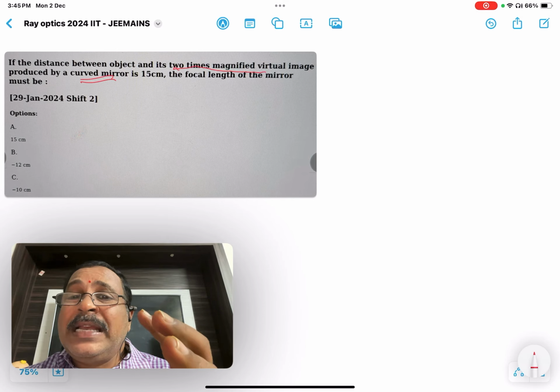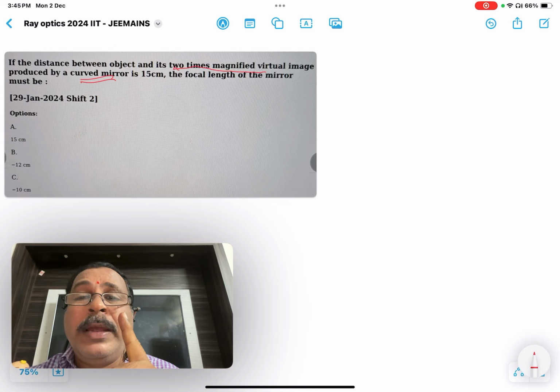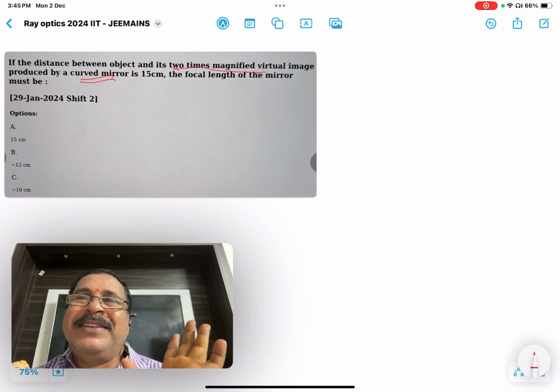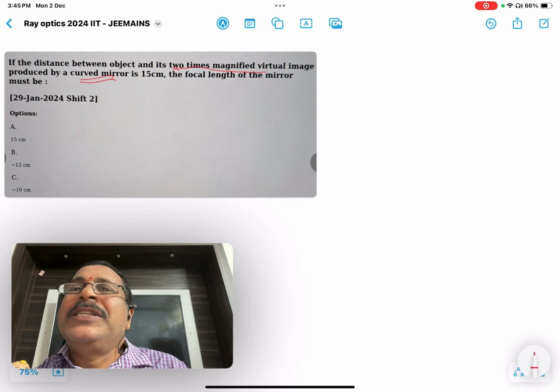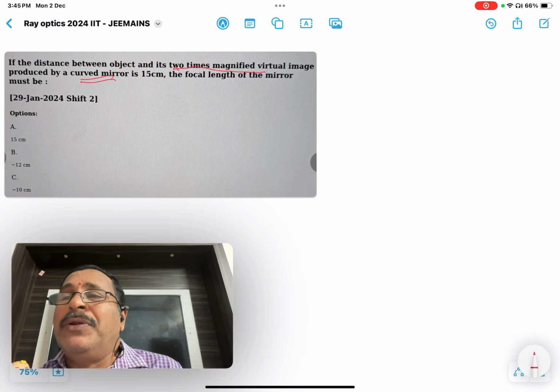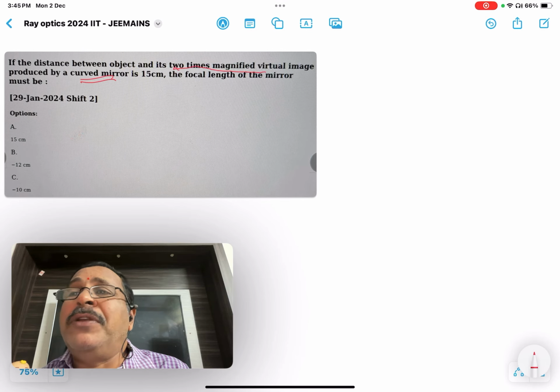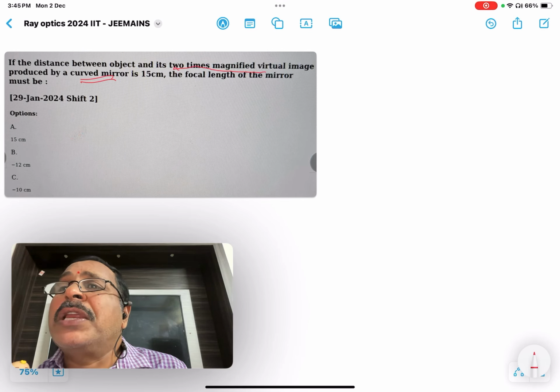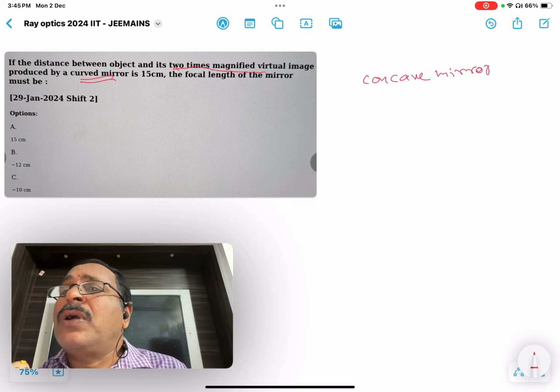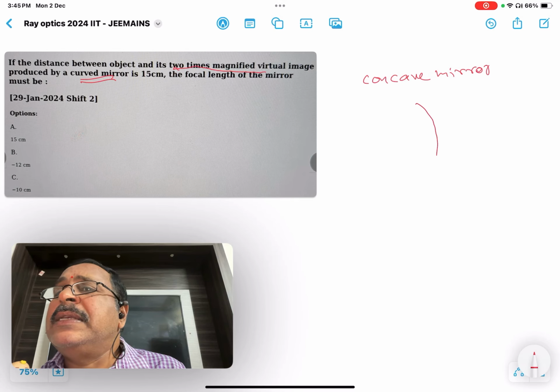Whereas in the case of a convex mirror, you always get a virtual and diminished image. Recognize this point. So this is a concave mirror. It is confirmed now because the image is 2 times magnified, so this is a concave mirror, confirmed.